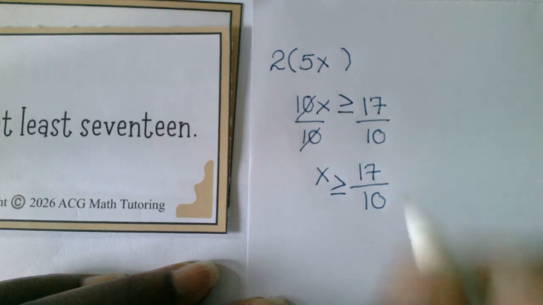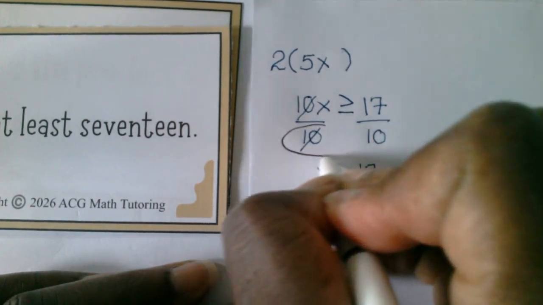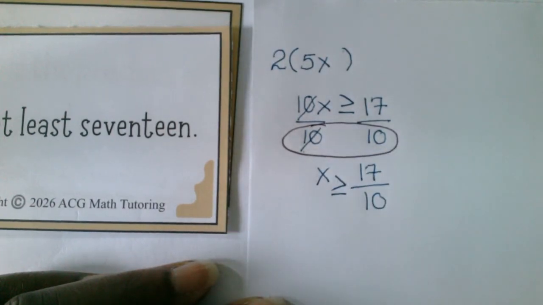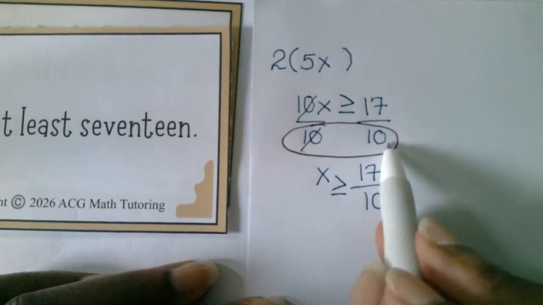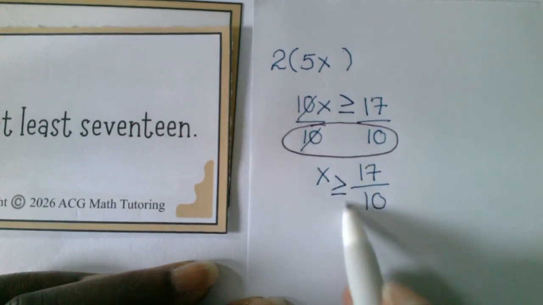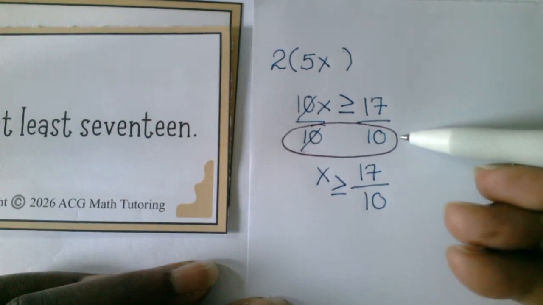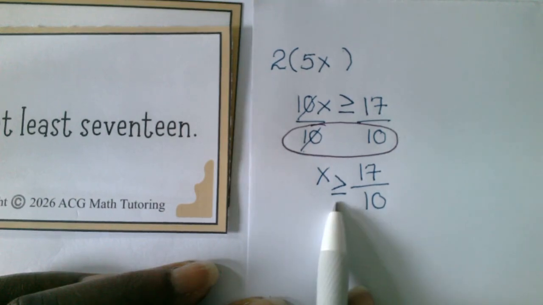Yes, Mila, awesome. Right here, we didn't divide by a negative number. It's not because your answer is negative. It's because right here we didn't divide by a negative number. When we don't divide by a negative number, we do not flip the direction of the sign.